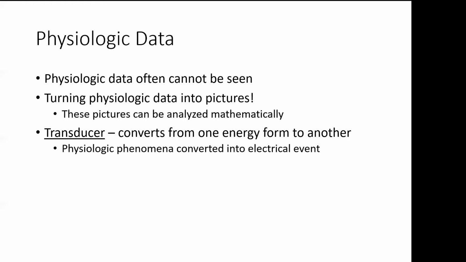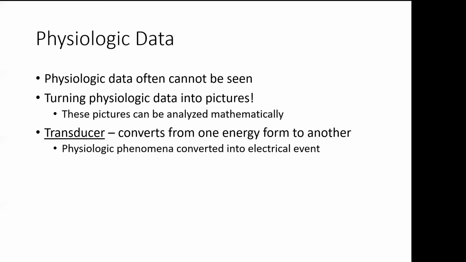So the way that we do this is by using something called a transducer. So a transducer isn't a specific individual machine. A transducer is any device that converts us from one form of energy to another form of energy.